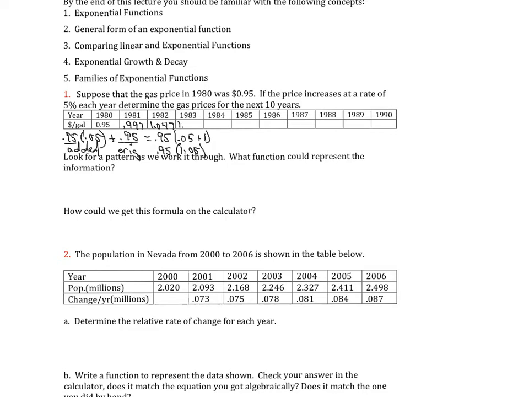Then 1.099 and 1.154. Now at this point, you should stop the video and complete the rest of the table, and then come back and see if you've done your work correctly. So stop the video now and complete the table.